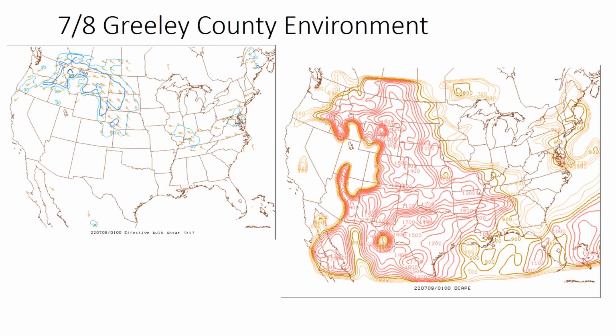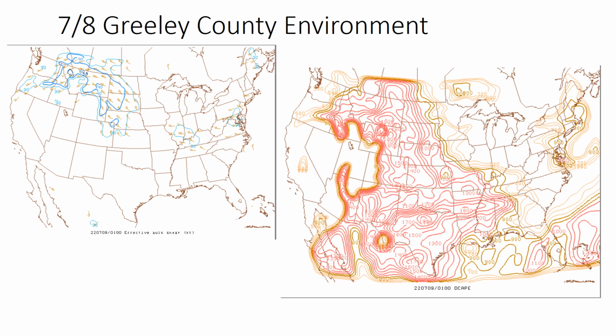Another case that we had was on July the 8th, and this one was in Greeley County. You can see on the effective bulk shear that there was 30 to 40 knots of wind shear present, mainly to the north of I-70.